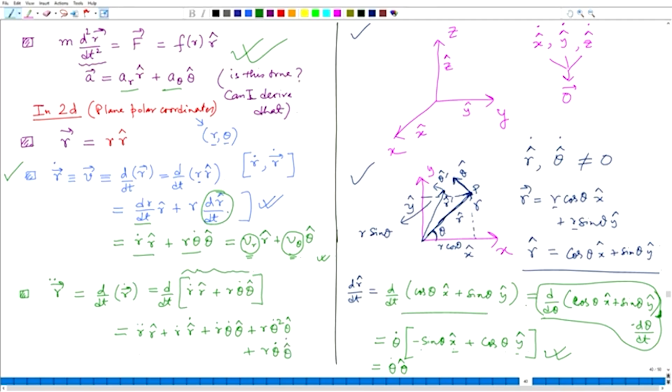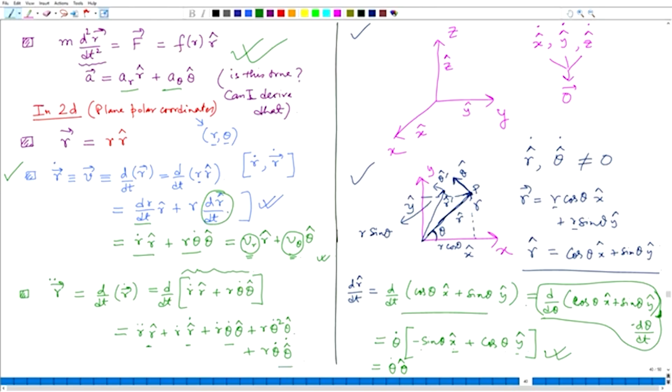Okay. Now, one term is along r cap, one is along theta cap. This you also know, r cap dot will be along theta cap, but you still do not know what theta cap dot is.